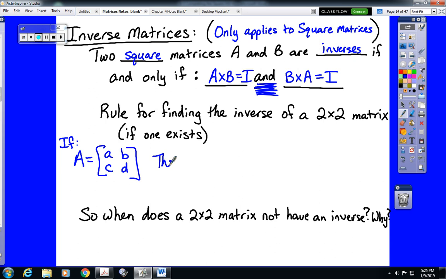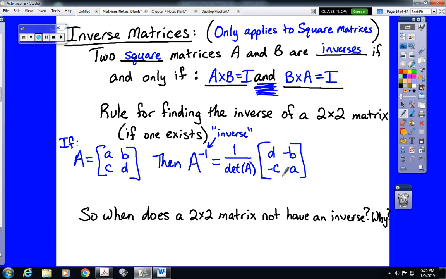then the inverse of A, notice the notation, A to the negative first, means the inverse of A. It is equal to the scalar product of 1 over the determinant of A times the matrix D, negative B, negative C, A, which is the first matrix rearranged slightly with a couple of sign changes.